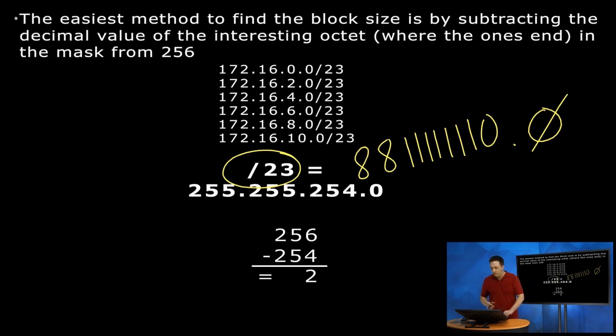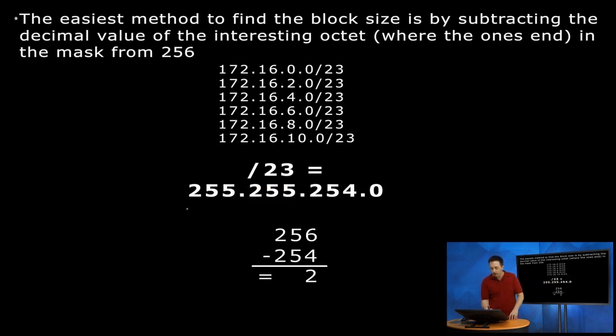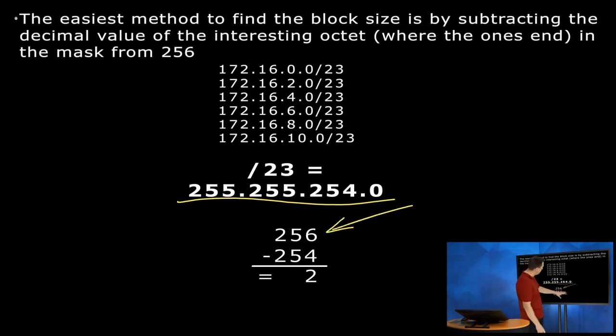But what if you were provided the dotted decimal notation? Well, if you're provided the dotted decimal notation, now's a really great time to use this method instead. So this method is all about taking this magic number of 256. Now, why is it a magic number of 256?